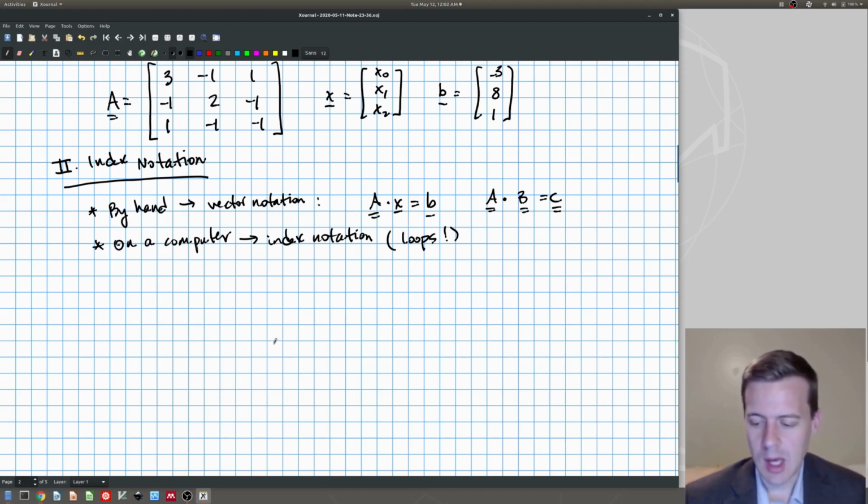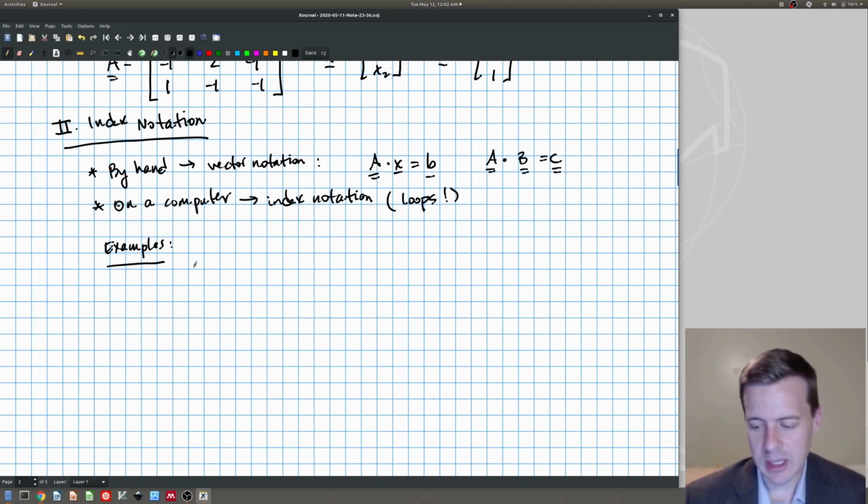And so let me write down the index notation for a couple common operations. And then I'll back out the general principles. So I'm going to do the examples first, and then I'll do the general principles. So here's some examples of index notation. And you've probably used this before in your math class, but maybe you haven't thought about this in a separate way. Okay, so let's take a vector norm.